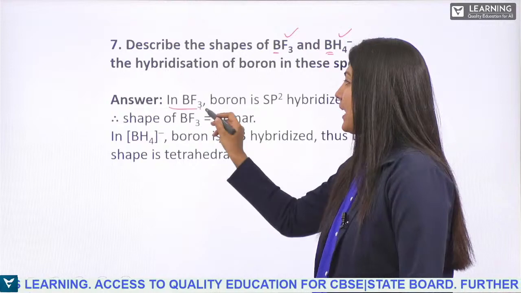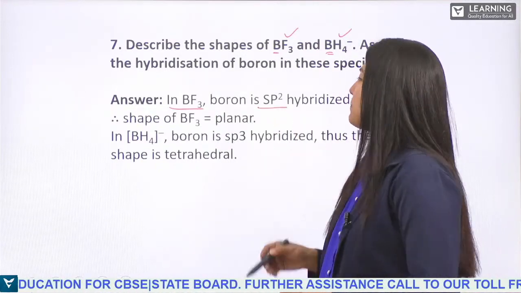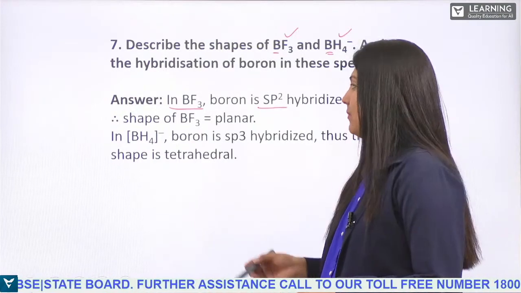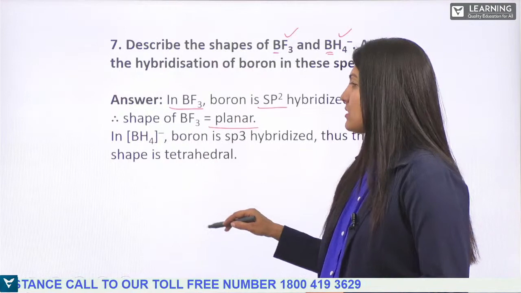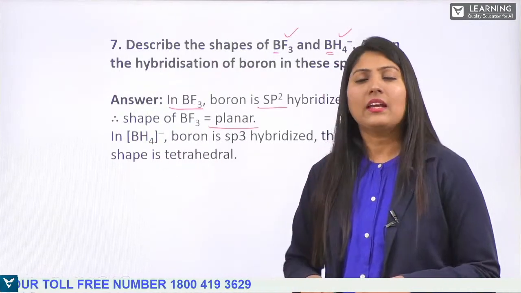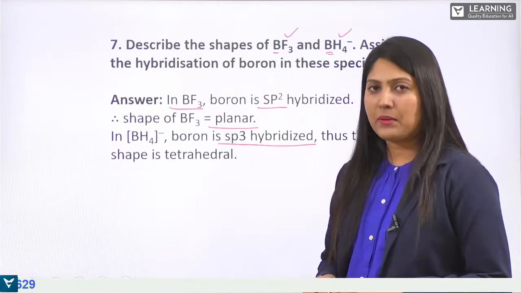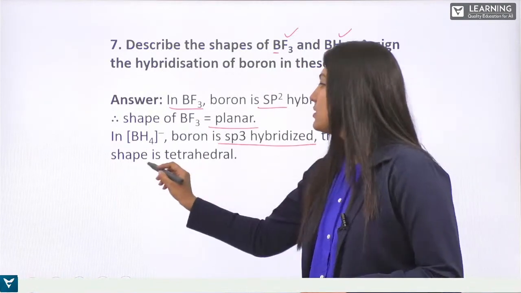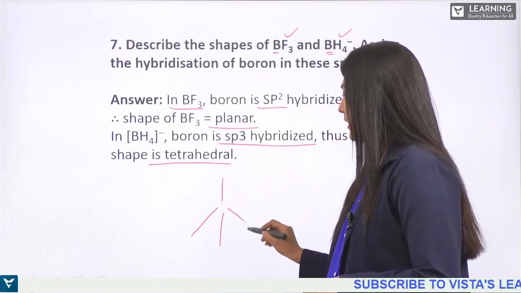So in BF3, boron fluoride, we have sp2 hybrid orbitals and the shape will be planar. Whereas for BF4 minus, we have sp3 hybridization and the shape will be tetrahedral. It will be like this.